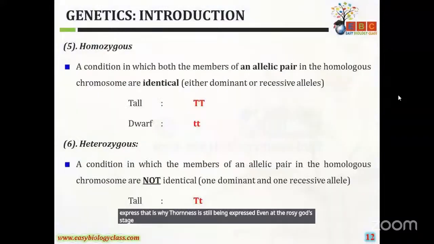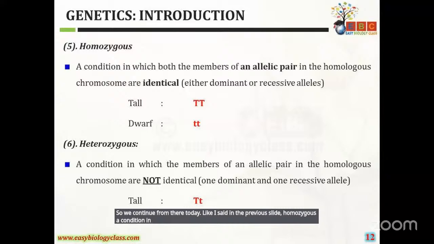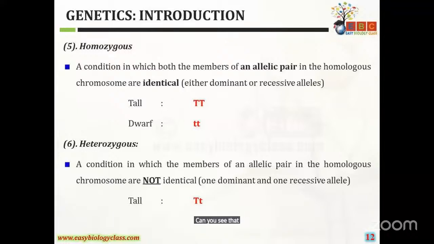So we continue from there today. Like I said in the previous slide, homozygous is a condition in which both the members of an allelic pair in the homologous chromosome are identical. Can you see that? So they can either be dominant or recessive allele. So tallness, which is capital TT, that is the two allelic pair are identical.